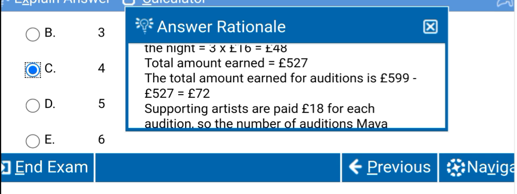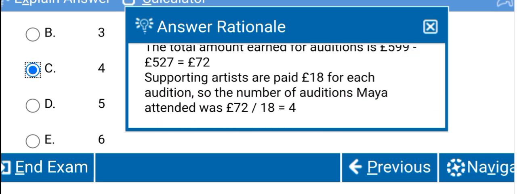The amount earned for auditions is 599 pounds minus 527 pounds equals 72 pounds. Supporting artists are paid 18 pounds for each audition.